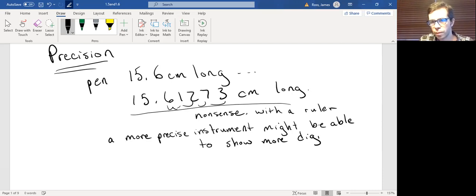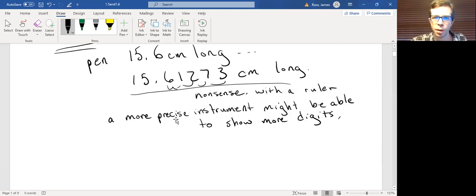For now, I'm just going to call them digits. In general, when making a measurement, you estimate one place value past the lowest mark.